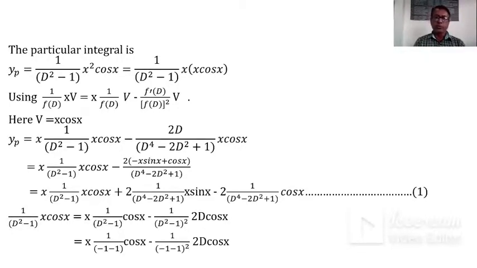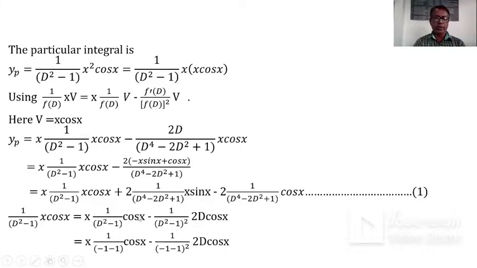We operate 1 upon d square minus 1 on x cos x. Again use this formula. Using this formula, here v is cos x. We get x times 1 upon d square minus 1 on cos x, minus the derivative of this, which is 2d upon (d square minus 1) whole square, operate on cos x.